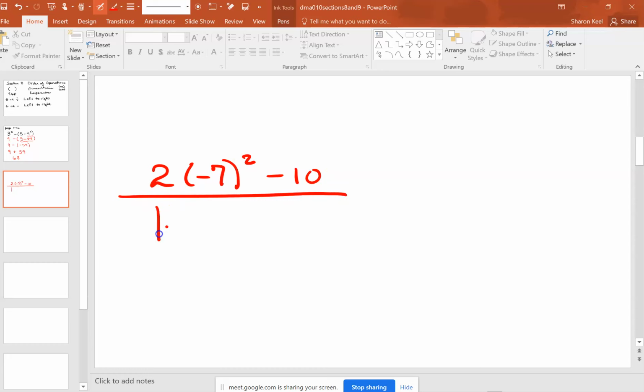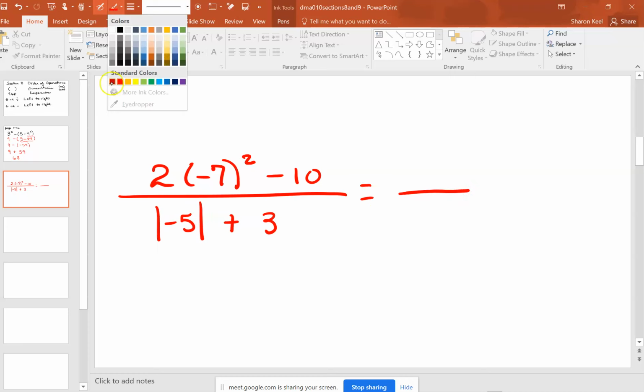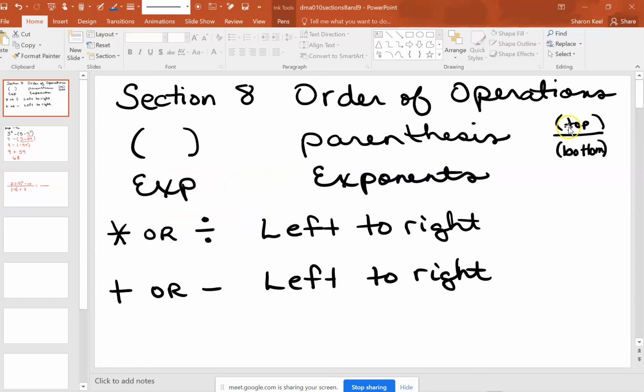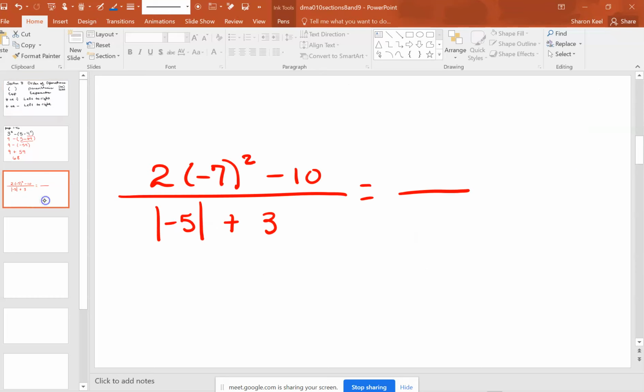Then we have straight lines. If you recall, those straight lines were called the absolute value. So this is where I mentioned we would simplify the whole numerator and the whole denominator separately as if they were their own parentheses. Just as I made note here, that's what I'm referring to.